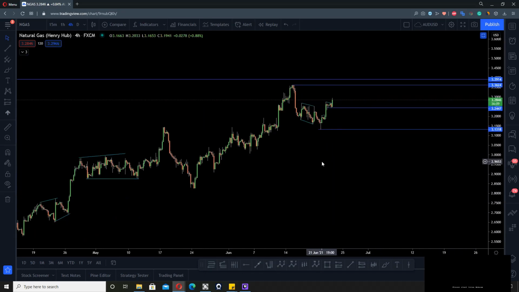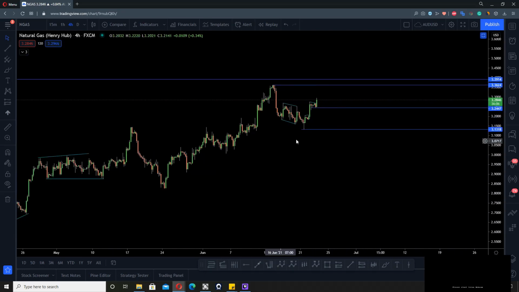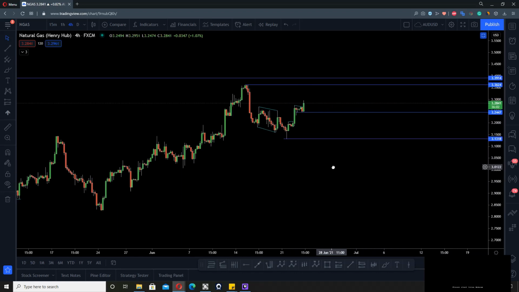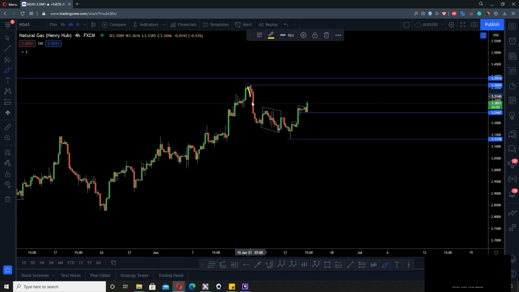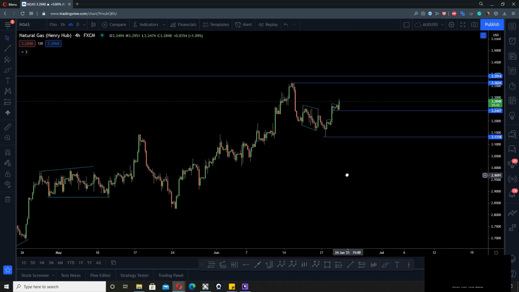Okay, this here is a very clear pattern. It's a basic 1, 2, 3 structure that you see all the time. It happens constantly. It's a complex three-wave structure, and it's complex because it has this B wave in the middle, this complex looking structure.